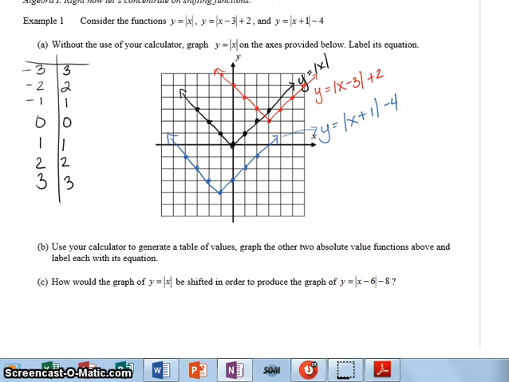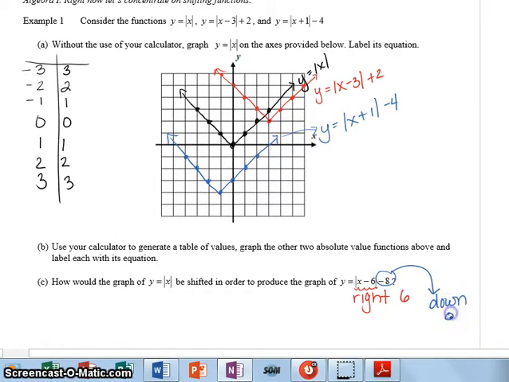All right. Whatever is inside the absolute value, or sometimes it's parentheses if you're doing quadratic, is always the opposite way. So normally you're going to think -6 would mean left 6, but it means right 6. And then the y value is always what it is, so that would mean down 8.